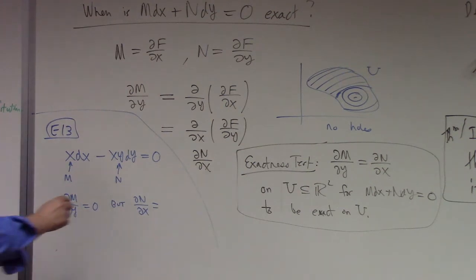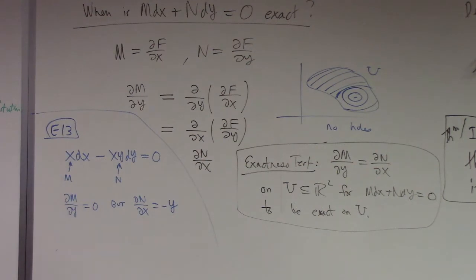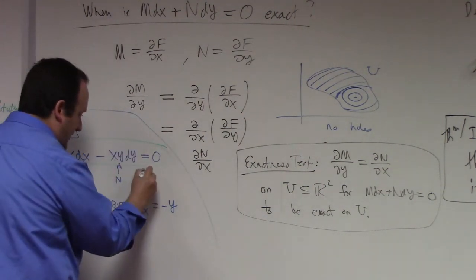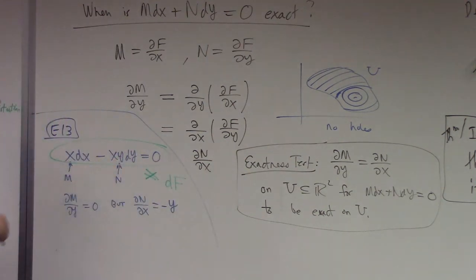Minus y. These are not equal. That's not an exact equation. What that means is that this is not equal to df for some function f. And so I can't just say, oh, that's df, and f equals a constant is the solution set.